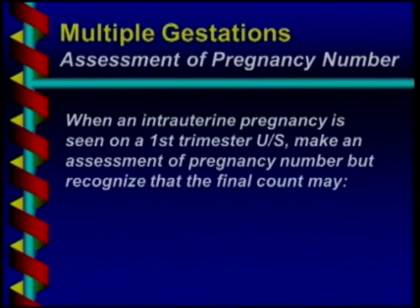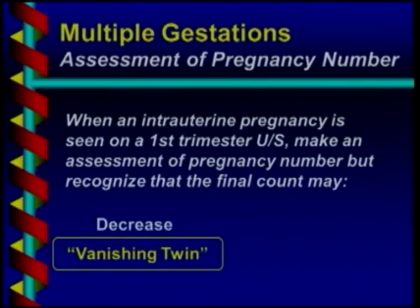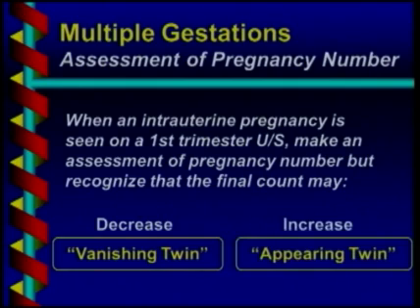So how do you avoid this mistake in terms of assessment of pregnancy number? When an intrauterine pregnancy is seen on a first trimester ultrasound, you should always make an assessment of pregnancy number, singleton, twin, or whatever, but recognize that the final count may decrease due to the vanishing twin phenomenon, but also may increase due to what we've called the appearing twin phenomenon.